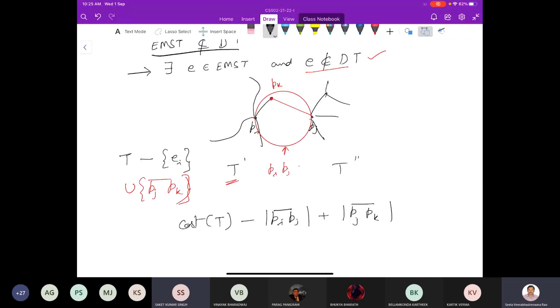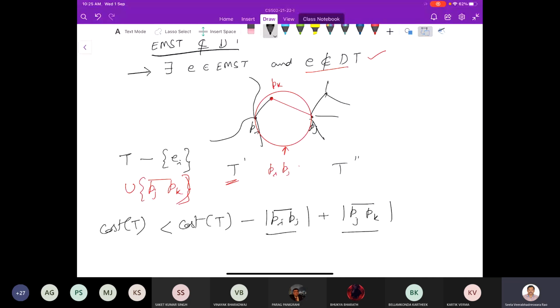Is this cost less than the cost of T or not? If you look at these two edge lengths, PiPj is a diameter and PjPk is some chord in this circle.